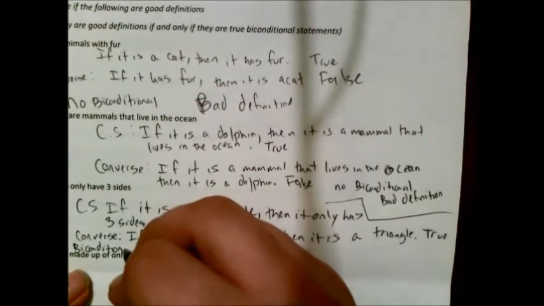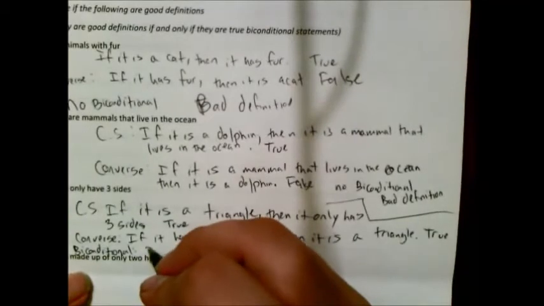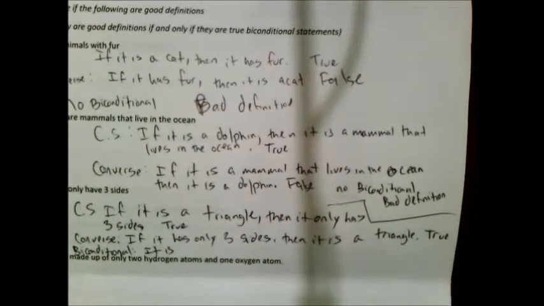Okay. So essentially, biconditional once again is you're dropping the if and then from the conditional statement and just writing if and only if between the hypothesis and the conclusion.